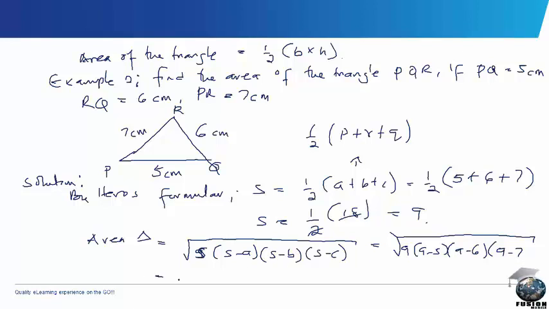This gives 9 minus 5 is 4, minus 6 is 3, and minus 7 is 2. So the area is equal to the square root of 9 times 4 times 3 times 2.